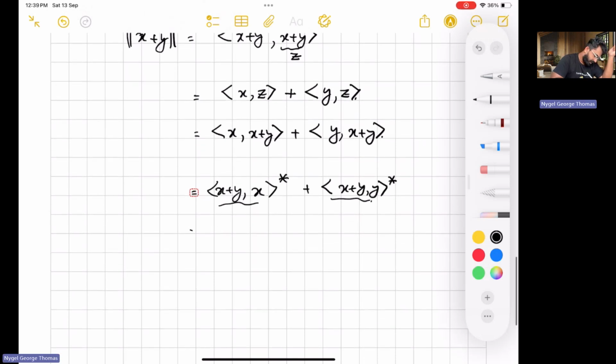Okay, this is the same as we can distribute x here.